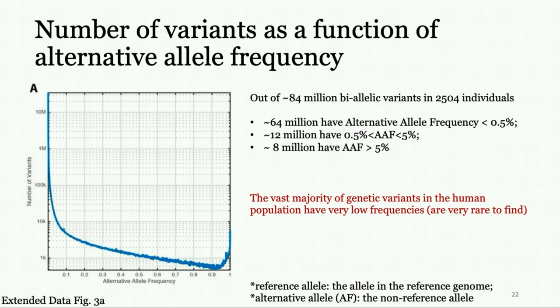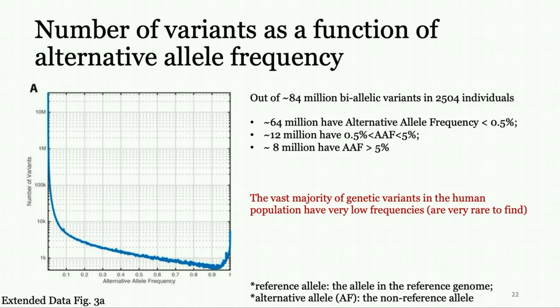But for each variant, we can ask how often that variant is observed in the total sample we have. Some variants are very common, where many individuals carry that variant. Some variants are very rare, where only one chromosome in one individual has that variant.